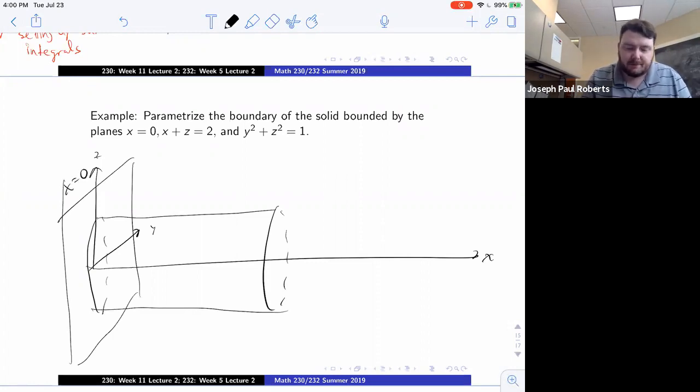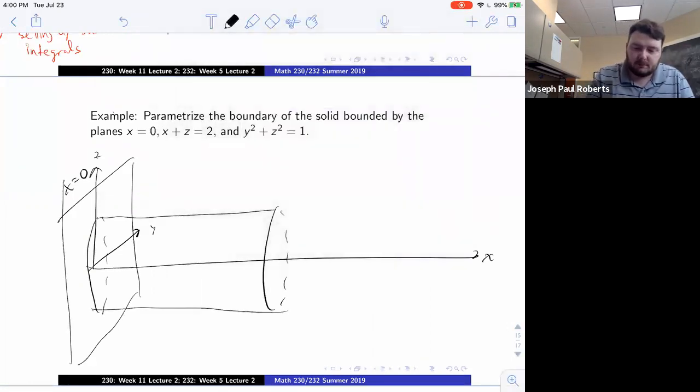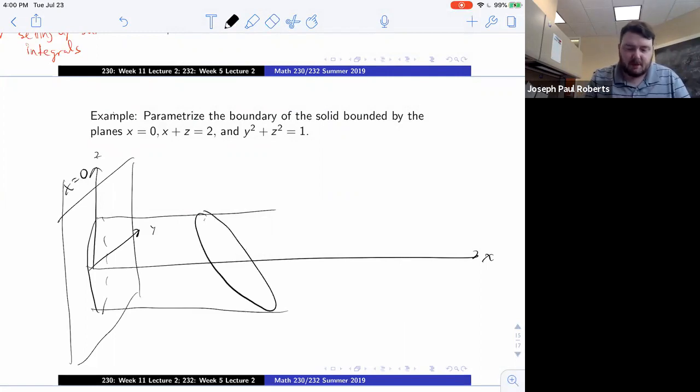I'm going to cut it off at x plus z equals 2. So x plus z equals 2 is going to be sort of a diagonal plane. It's going to look like that. So essentially imagine a paper towel roll that you've cut perpendicular on one side, but at an angle on the other side.